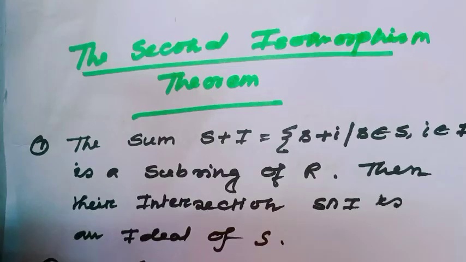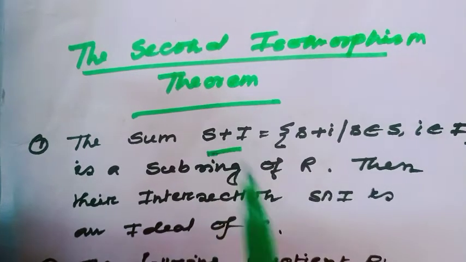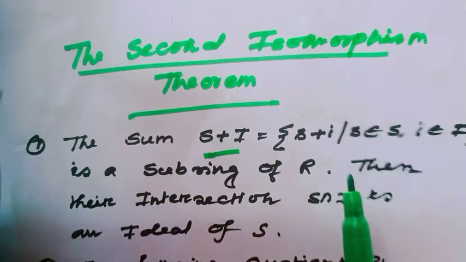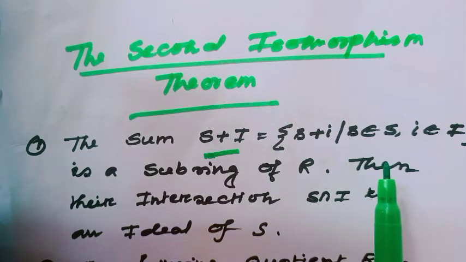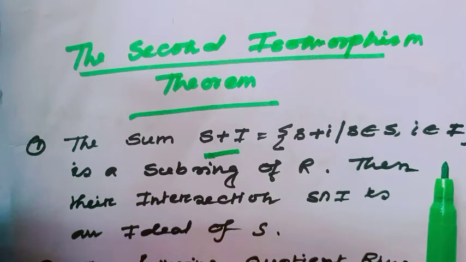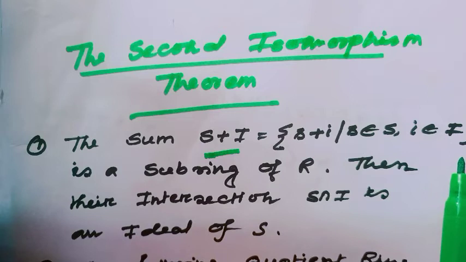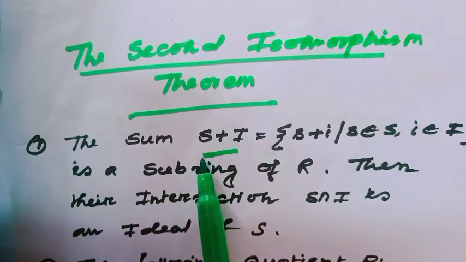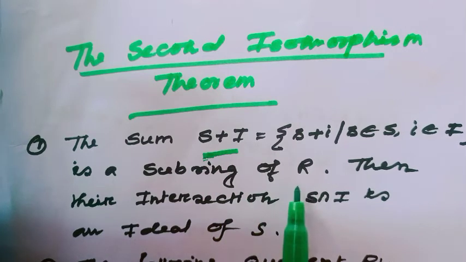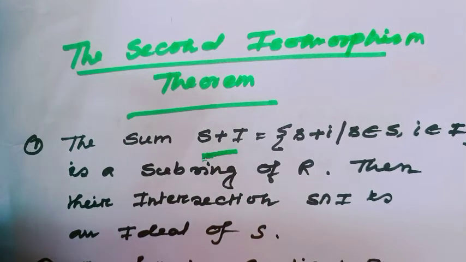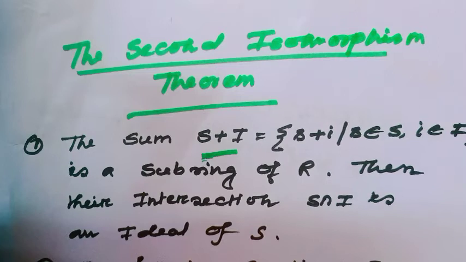The second isomorphism theorem: we all know about the sum S plus I, which is equal to the set of elements s plus i, where small s belongs to capital S and small i belongs to capital I. Obviously, this sum is a subring of R, which I discussed in my previous video.